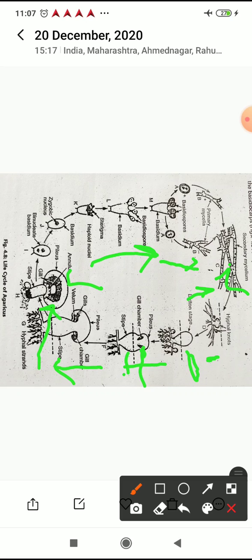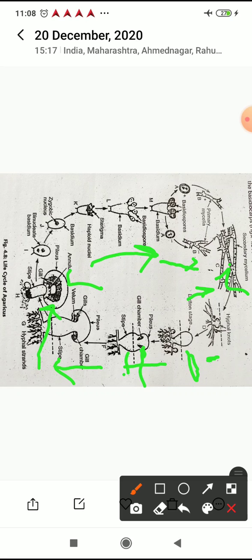Then many amino acids are there, then minerals, some organic acids, some vitamins, and all these nutritional values make button mushroom a food of vegetarians, or you can call it the flesh of vegetarians. Its nutritional value is as good as flesh, and that's why it is called the flesh of vegetarians.